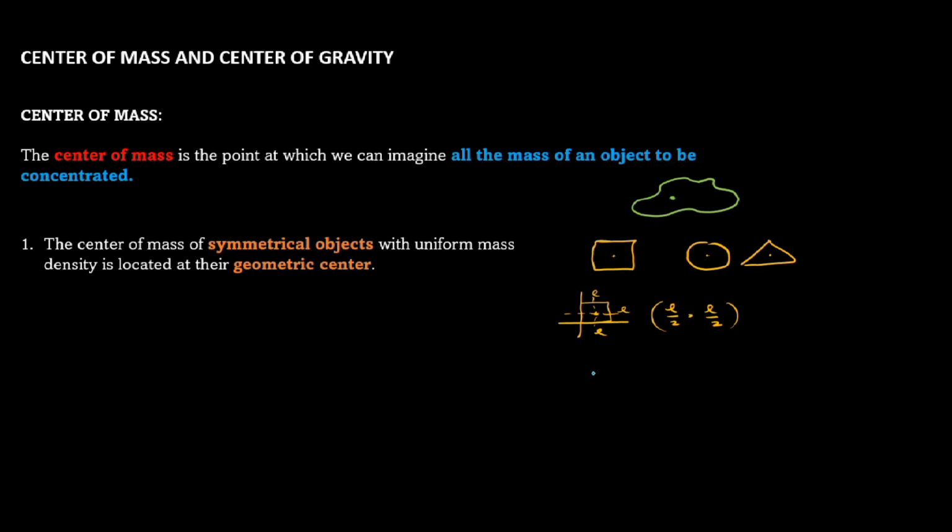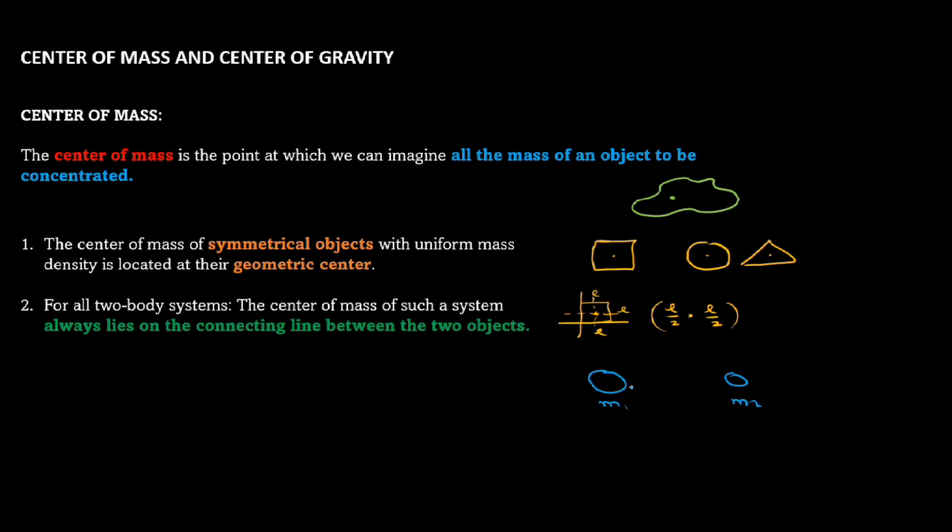Now for a two-body system, a system that has two different objects, let's say an object of mass m1 and an object of mass m2. The center of mass of such a system always lies on the line joining the two objects. So center of mass of m1 and m2 will always lie on a line connecting them somewhere in between them.